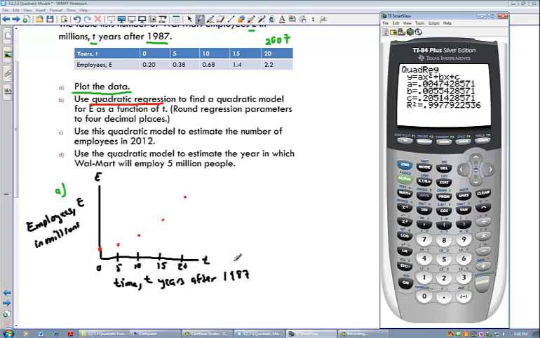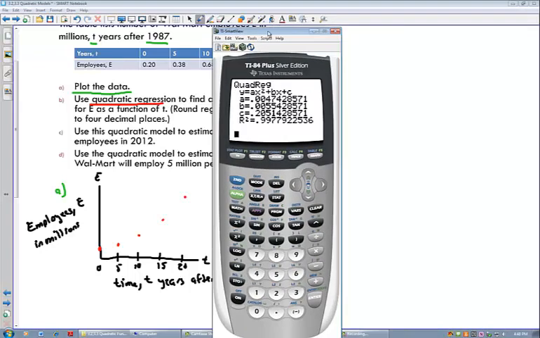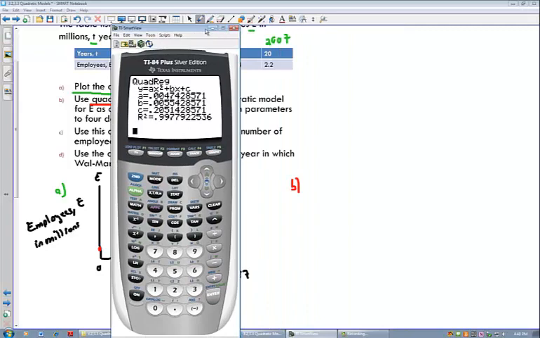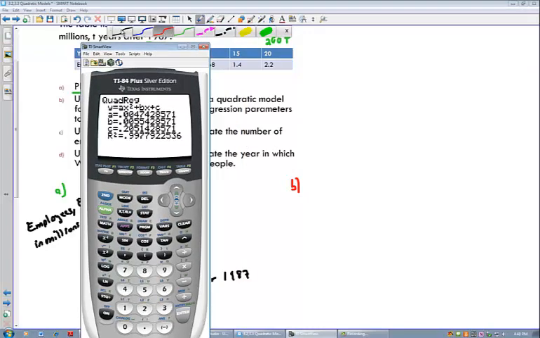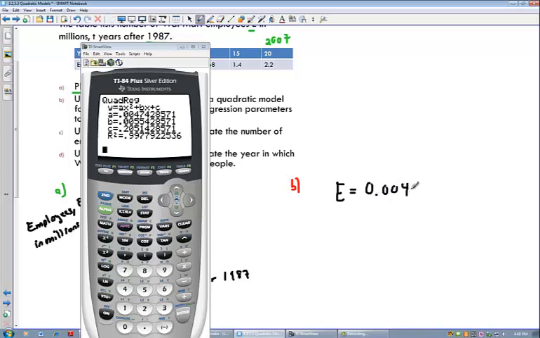So for part B, let's just write it, I guess let's do it right here, part B. We'll move this over. So for part B, what I have is, this is my output y right here, and so instead of y, I'm going to write E. So I have E equal to, in 4 decimal places, my A is 0.0047.